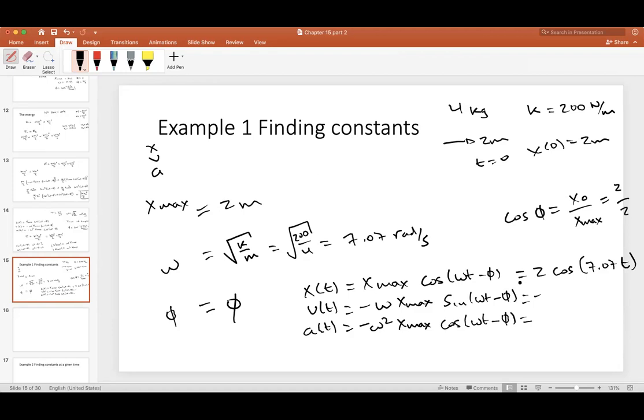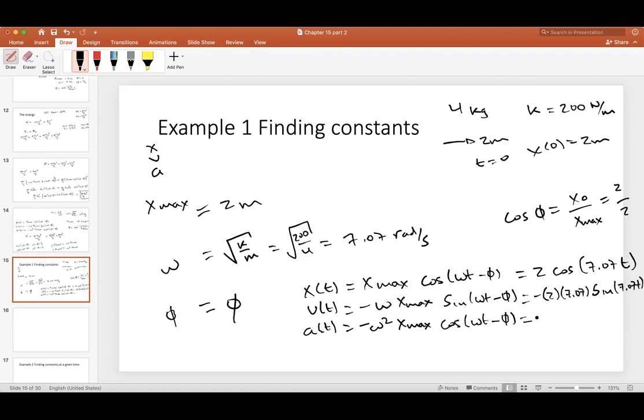Similarly, I know that omega is 7.07. So if I wanted to, I could write 2 times 7.07. That's x max times omega times sine of 7.07 t.